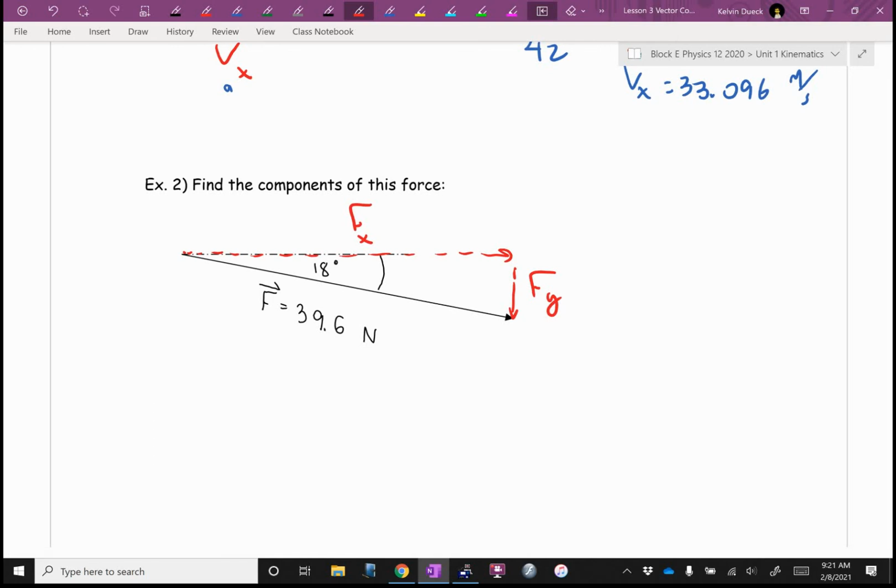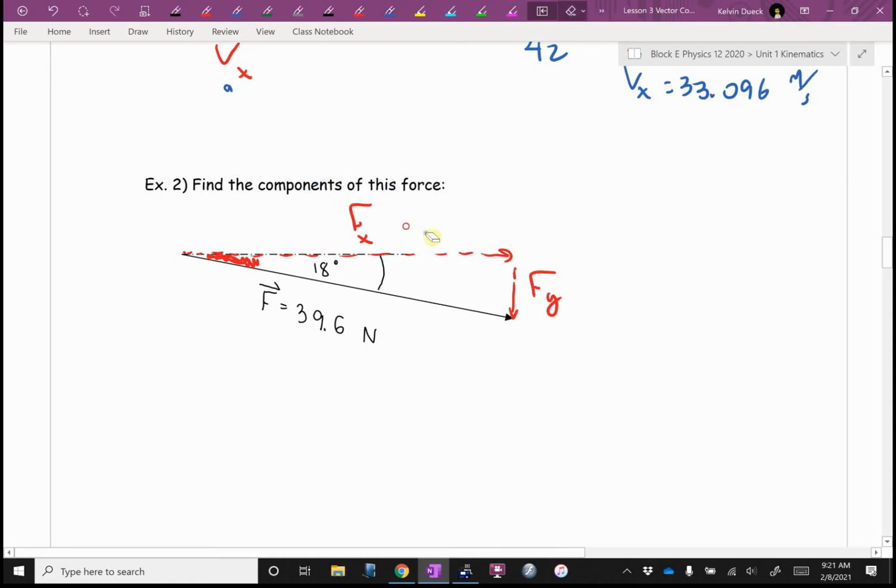Jack, do you know what's next? Color, color, color, color, color. You don't have to, but it's a habit. Hey, Jack, that Fx, opposite, adjacent, or hypotenuse? Opposite?